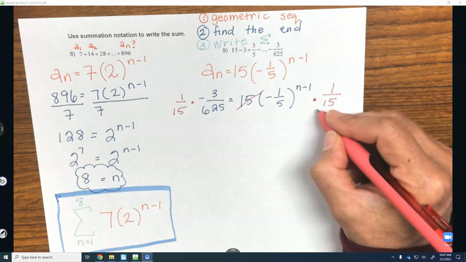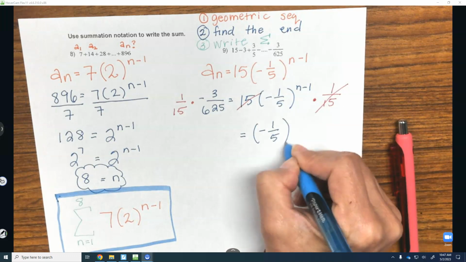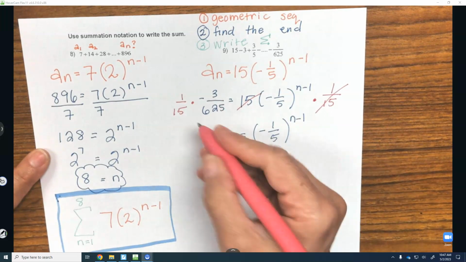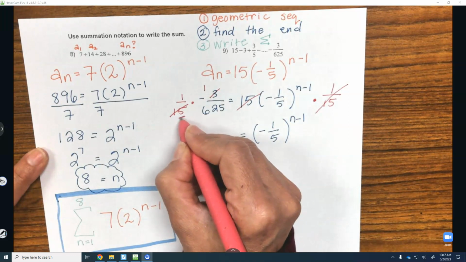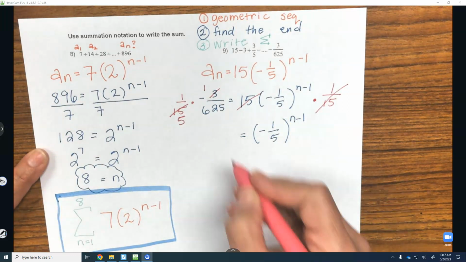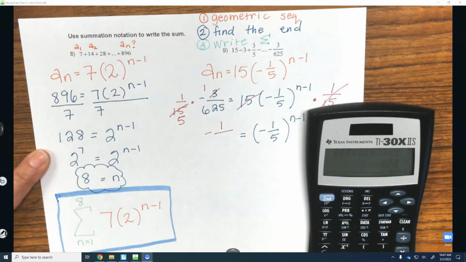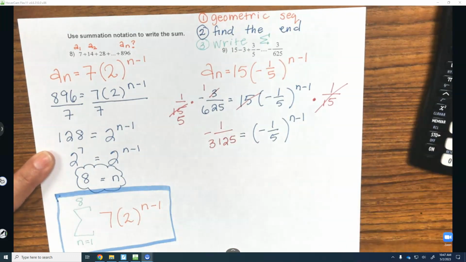So these are going to cancel out. I'm going to be left with this over here on the right side of the equal sign. On the left side of the equal sign, the 3 and the 5 do cancel. 3 goes into itself once. 3 goes into 15 5 times. So over on this side, it's going to be negative 1 over whatever 5 times 625 is, which is 3125. Any questions up to this point?